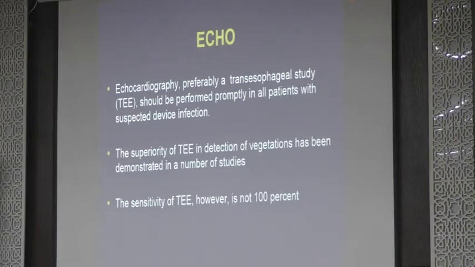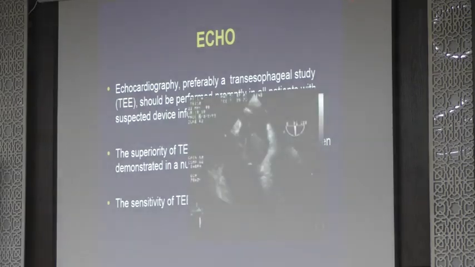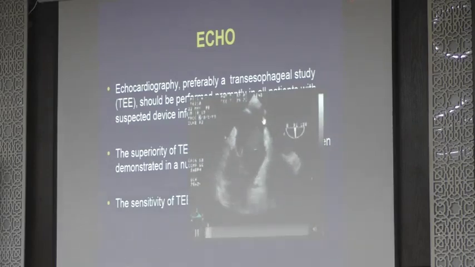The TEE is superior, but you have to know that it's not 100% sensitive. Sometimes you can see a fibrous strand or an adhesion and mistake it for a vegetation, or sometimes it's negative, but this does not exclude the presence of device infection. Here is a classical vegetation on the atrial lead.